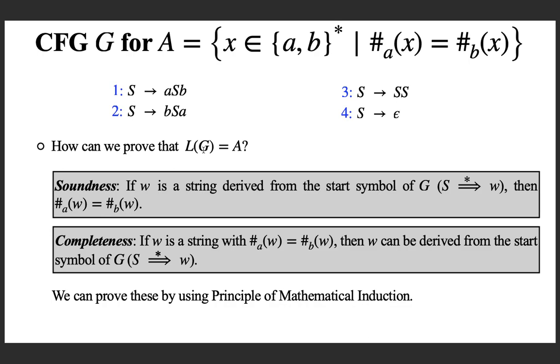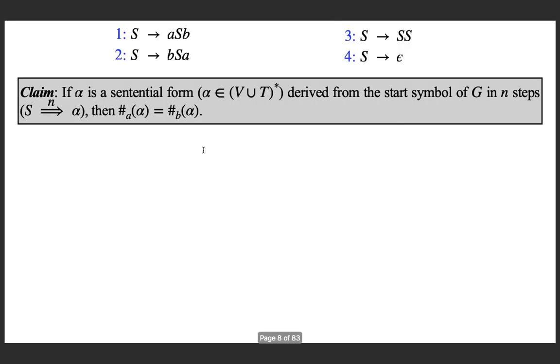We can see with respect to this example how the proof can be obtained, and for every grammar you need to come up with a claim like this. This is the set of all rules in the grammar given, and we are making a claim.